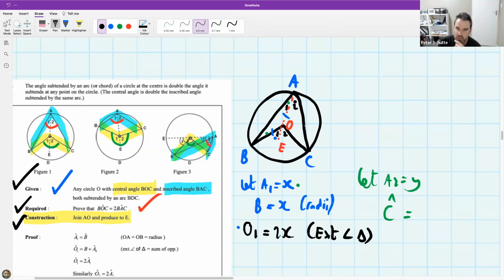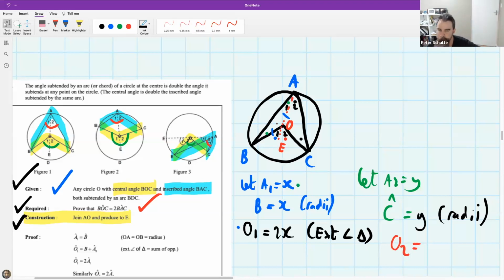But here's A2. Now, that's equal to Y. What is angle C going to be? Well, it's going to be equal to Y for the same reason, radii. But now I want you to look at where I just put a red dot, what we will call O2. What is the size of O2 going to be?